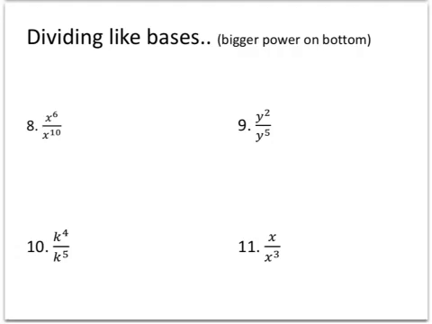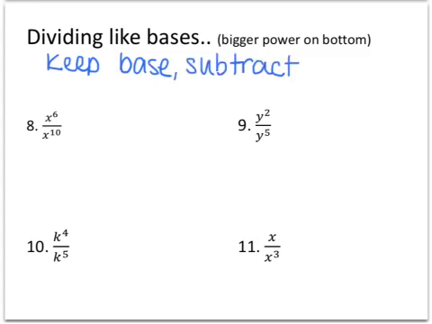Dividing like bases, bigger power on the bottom. So we still keep the base. We subtract the exponents. But the variable stays in the denominator.